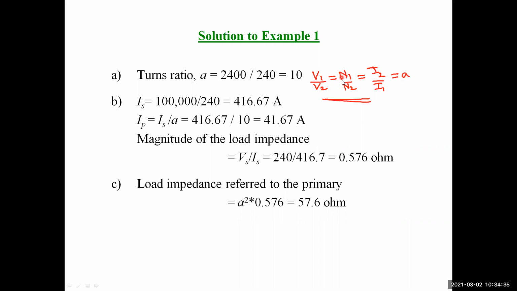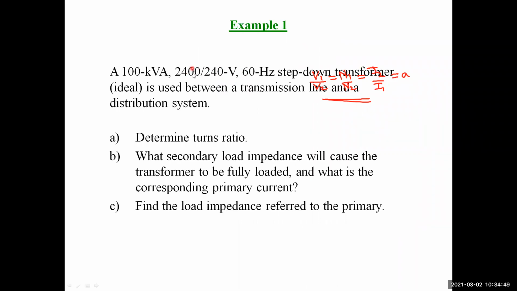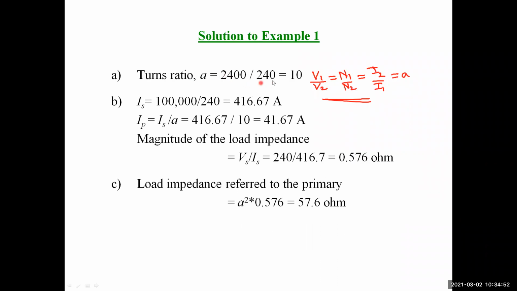Otherwise, if N1 and N2, the number of turns in primary and secondary, are provided, we also get the turns ratio A. Here the primary voltage of the transformer is 2400 and the secondary voltage is 240, so we will get A. And for the secondary side current, one relation: S is equal to Vs into Is. This is called apparent power.